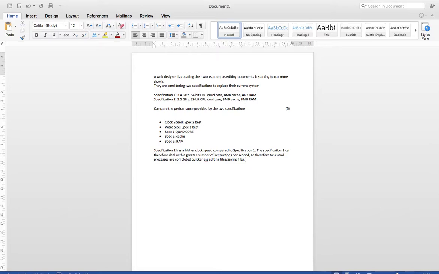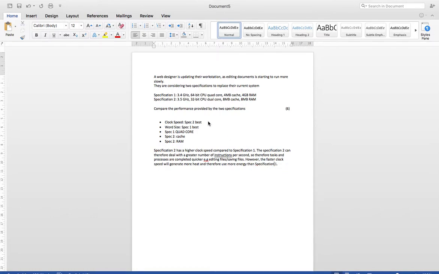So you could say, however, the faster clock speed will generate more heat and therefore use more energy than specification 1. Fix the spelling.